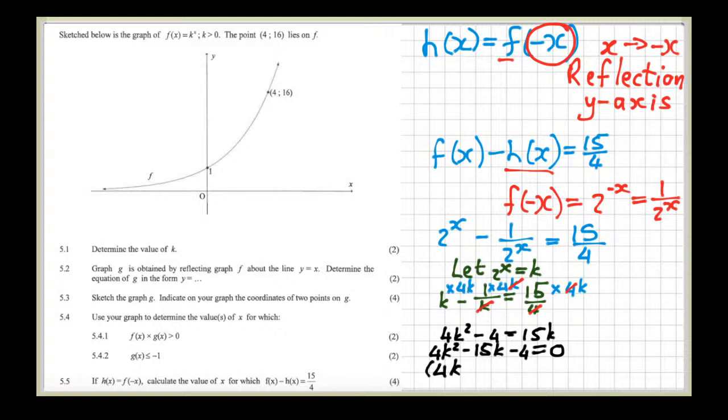If I factorize this correctly, I've got 4k in the one bracket and k in the other bracket. Now I want to get to a large number, so I want to get to 15 as my middle term. So I want 4 times 4 if I multiply out my brackets, and I want a 1 there, a minus and a plus.